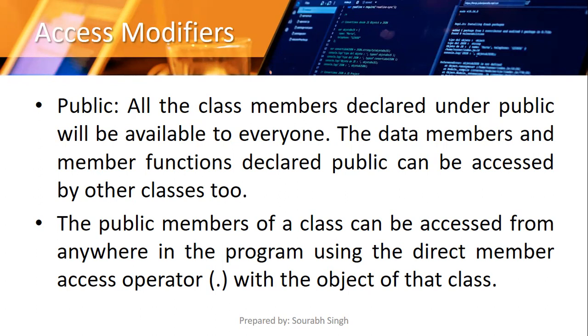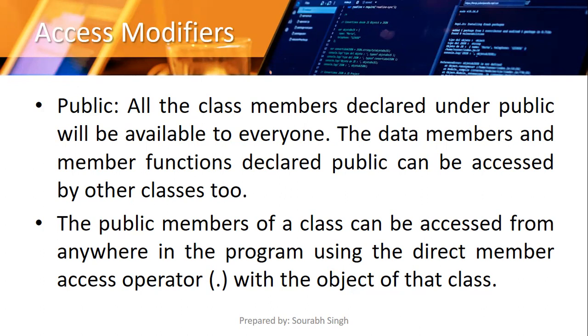That is, we can use those data members and member functions anywhere in the program. The public members of a class can be accessed from anywhere in the program using the direct member access operator with the object of that class.